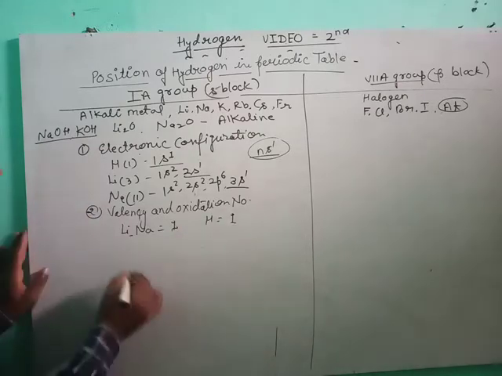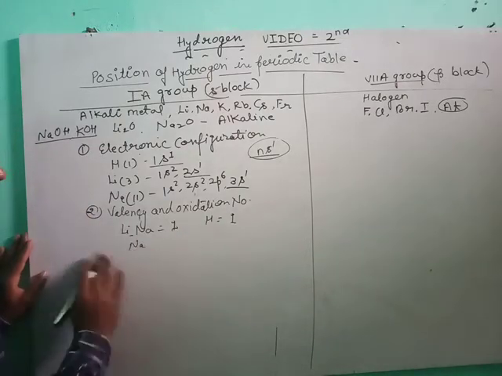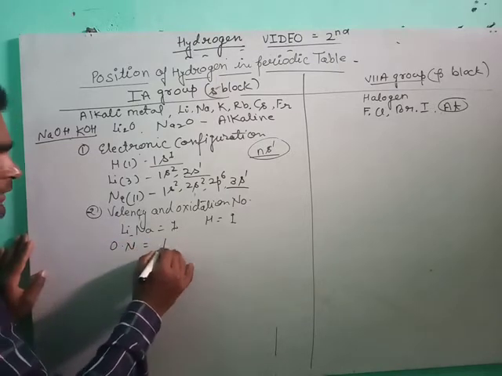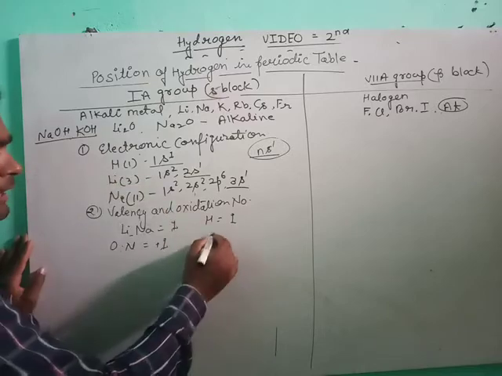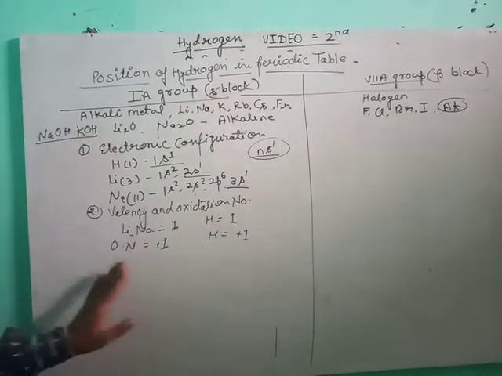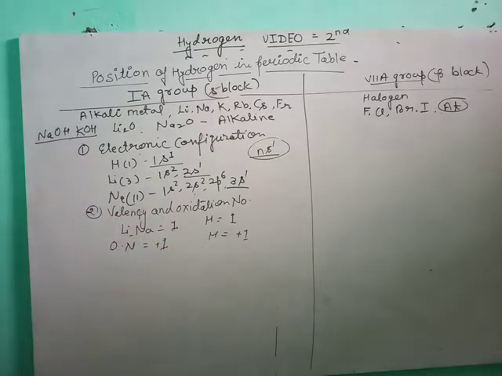And the oxidation number of lithium, sodium and potassium in alkali metals is +1, and hydrogen has a similar oxidation number, that is +1. Means both have similar valency and similar oxidation number, that is 1 and +1.